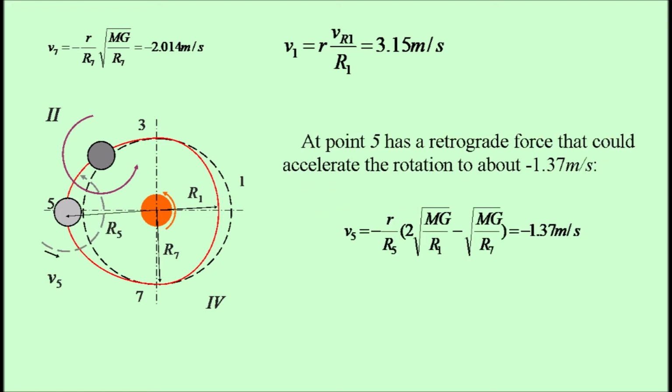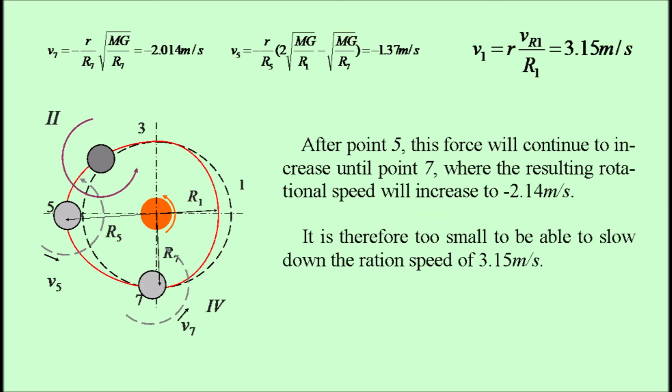At point 5 there is a retrograde force that could accelerate the rotation to about minus 1.37 meters per second. After point 5, this force will continue to increase until point 7, where the resulting rotational speed will increase to minus 2.14 meters per second.